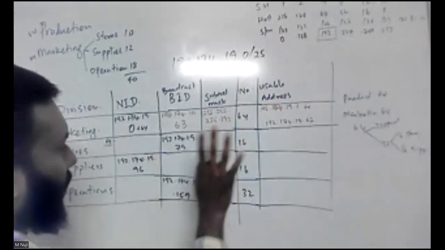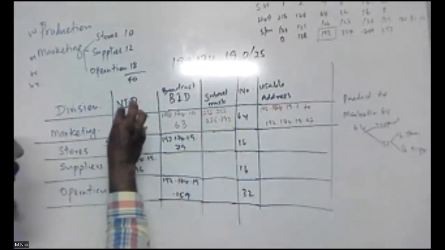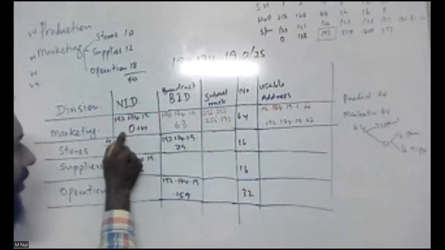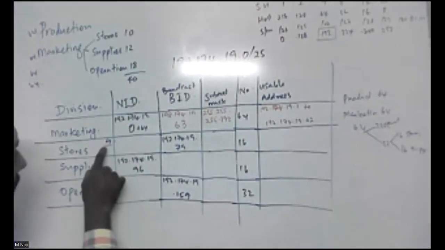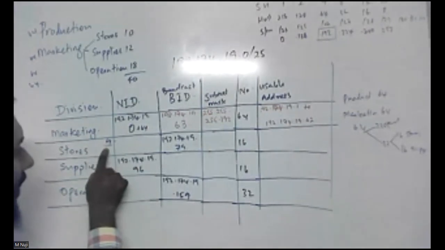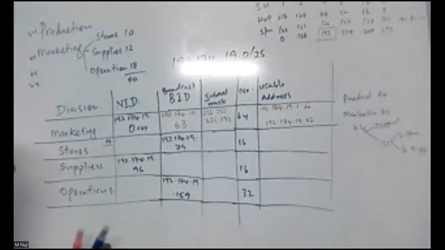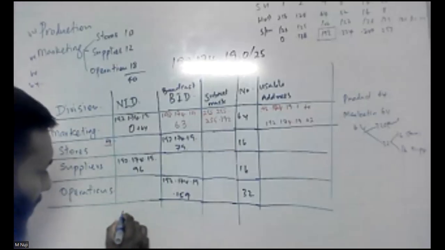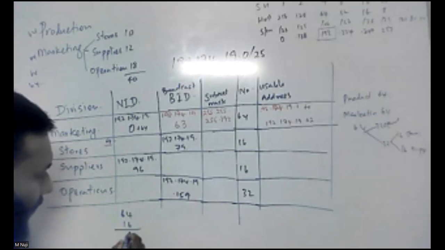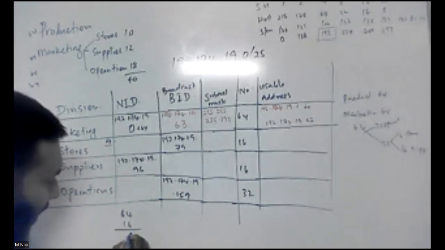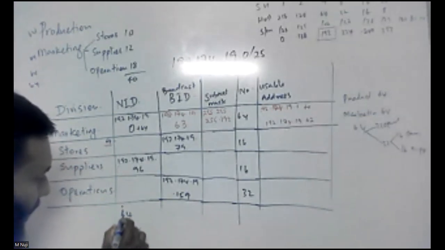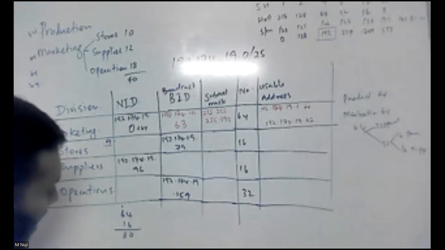At the moment, just do this first. Here, 0 plus 64 means 64. Then 64 plus 16: 4 plus 6 is 10, so 80.